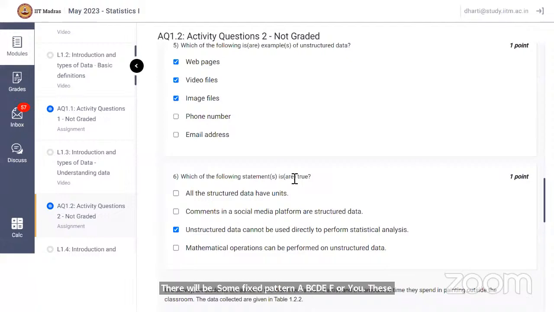You will not find numbers there, like someone got grade 10. No, it's not like that. So when data has some particular type, it is structured. Otherwise, it is unstructured.